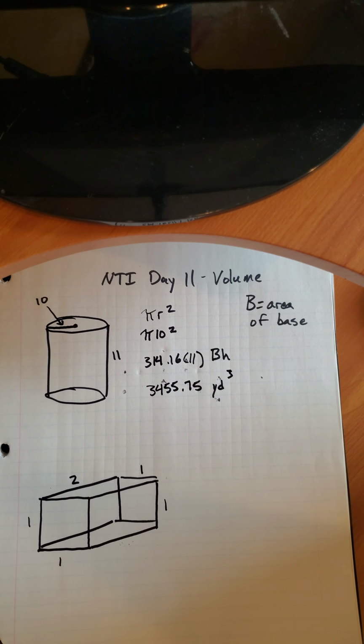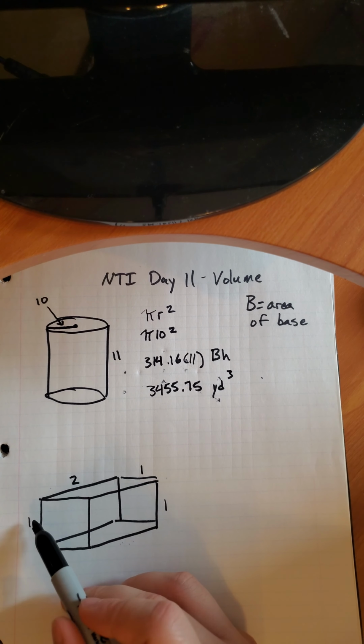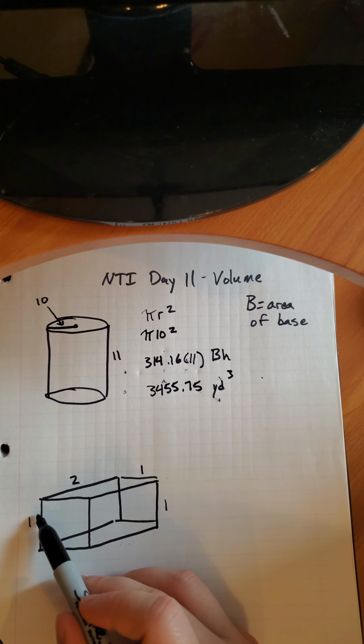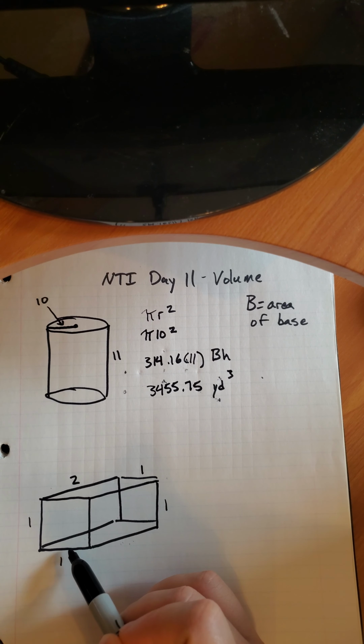Okay, so whenever we move on to our rectangular prisms, we're going to do the same thing. We're going to find the area of the base first. So the area of our base, here's our base right here. They have 1 inch sides, so it's going to be 1 times 1. Okay, pretty easy. That's 1.